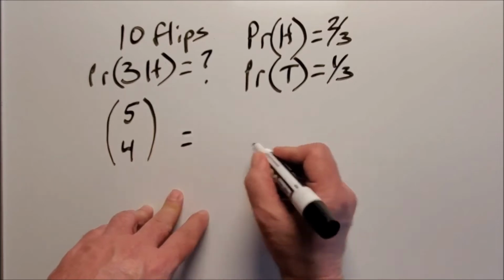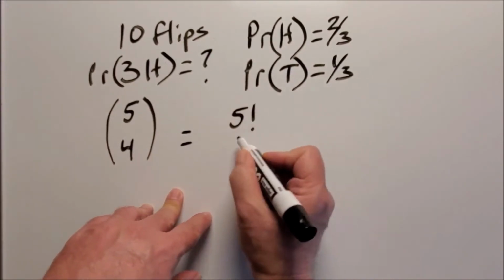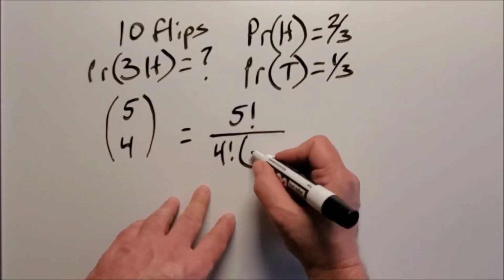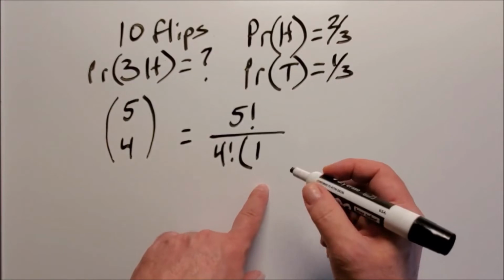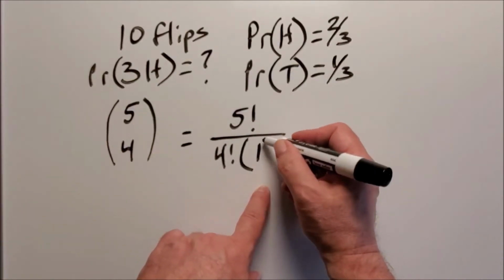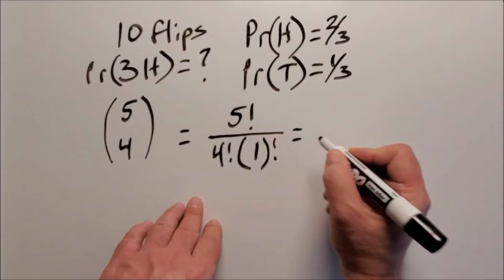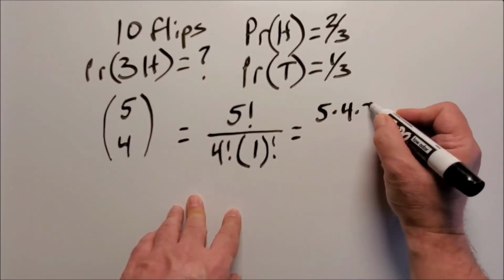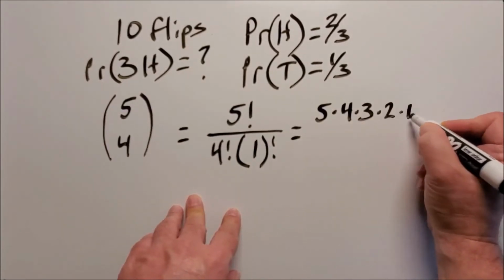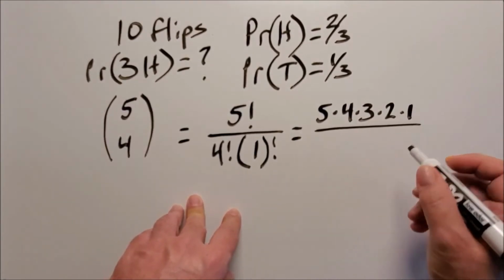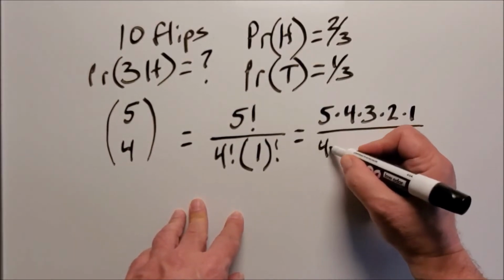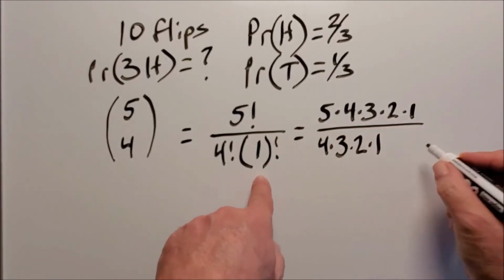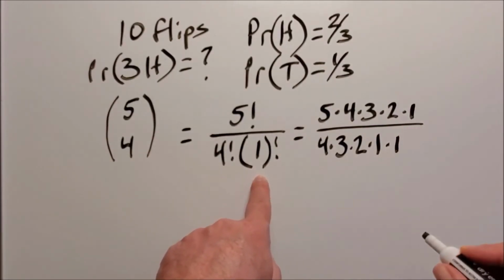So I would write 5 factorial over 4 factorial, 5 minus 4 factorial, as I showed you in the formula before. 5 minus 4 is 1. That's going to look like this. That's going to be 5 times 4 times 3 times 2 times 1 over 4 factorial, that's that, times 3 times 2 times 1 times 1 factorial, which is just 1.